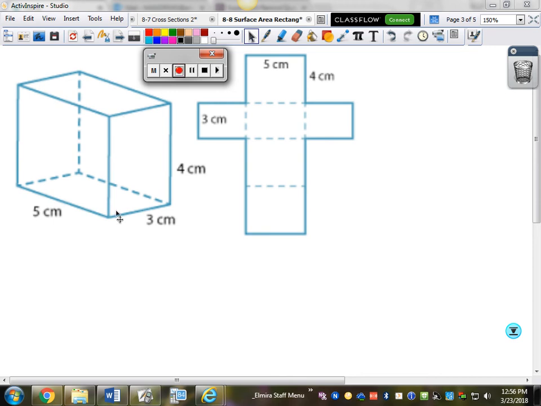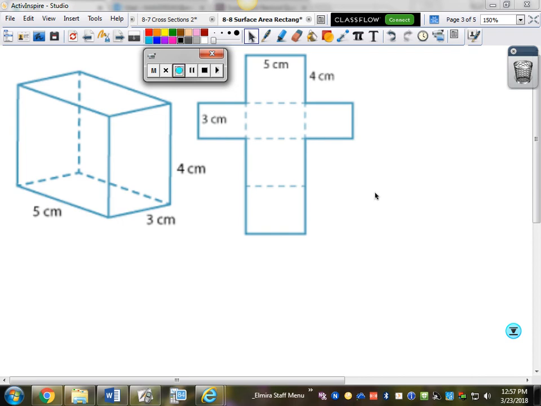If I take a rectangular prism and create what's called a net, which means I take the box apart and flatten it all out, you can see that it has those 6 faces, 1, 2, 3, 4, 5, and 6, and they come in pairs.